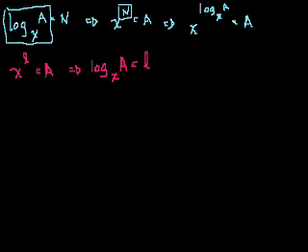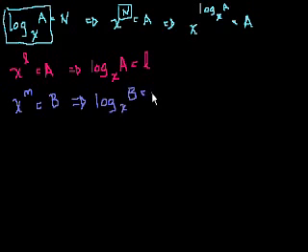Now let me switch colors. If I were to say that x to the m is equal to b, I just switched letters, but that just means that log base x of b is equal to m, right? I just did the same thing that I did in this line. So let's just keep going and see what happens.